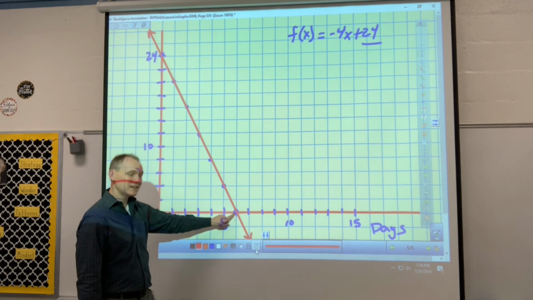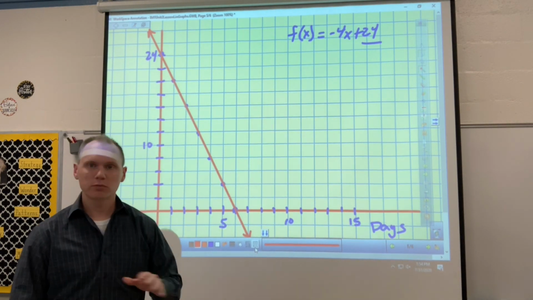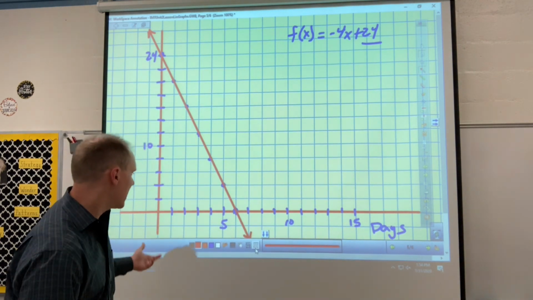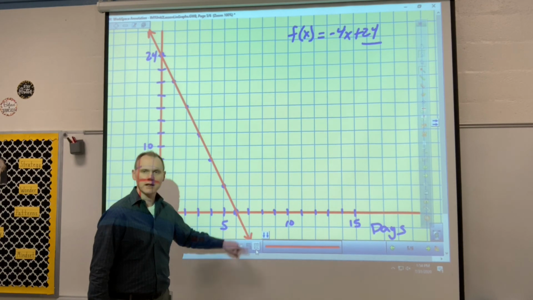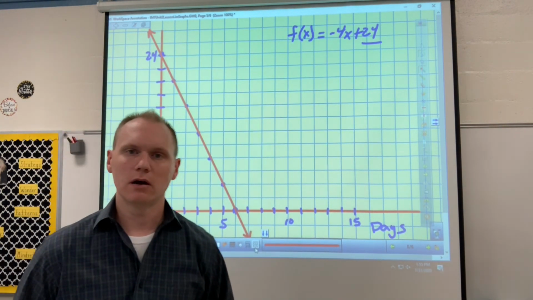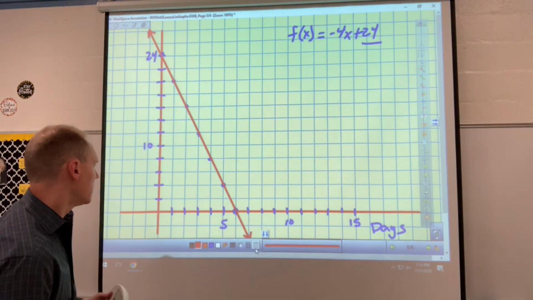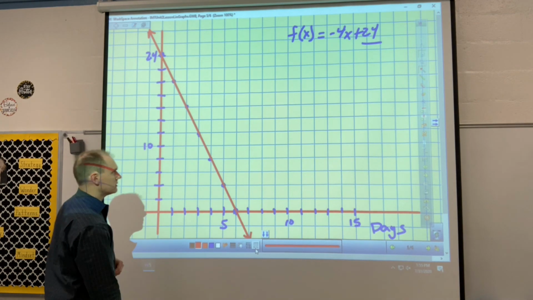And then at day 6 is actually when the water level is 0, meaning it's completely dry. But we can't have a negative, like a day 7 down here. We can't have a negative height of water levels. So the only part that makes sense here is maybe from 0 to 5 days.